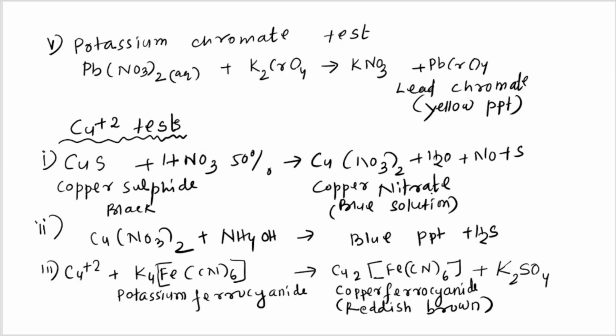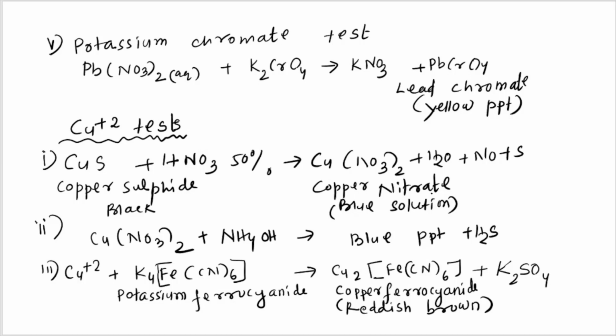Second, the first group, where lead +2 is very important, and Ag +1, which is not generally given. Here you do the potassium chromate test and the potassium iodide test for lead. In group 2 again you see lead +2 and one important ion, Cu +2.